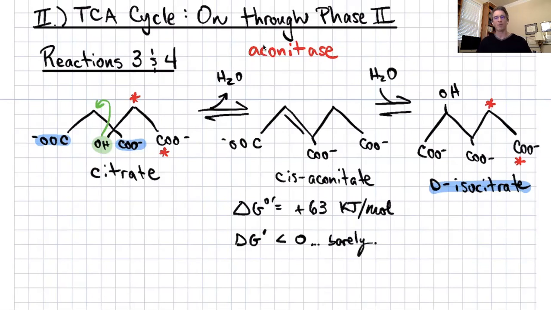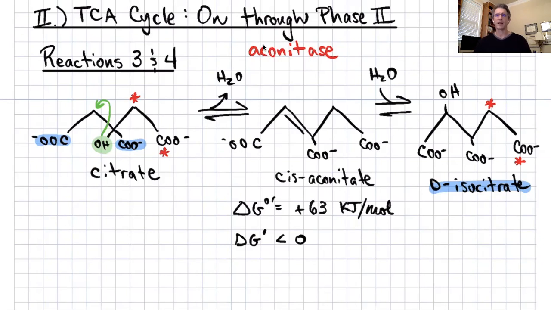It's going to be favorable in the forward direction. It has to be thermodynamically, right? But it's not going to be super favorable, and you're going to have to pull it by draining the isocitrate pool, which is exactly what happens when the TCA cycle is running actively.